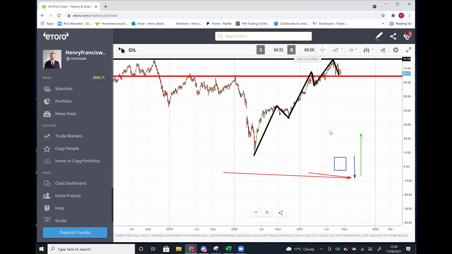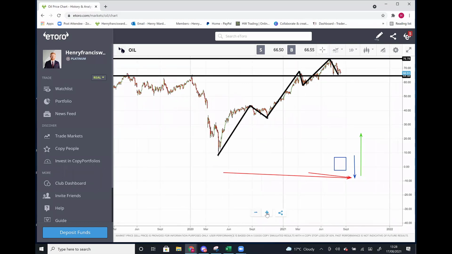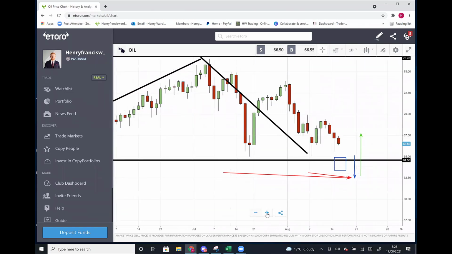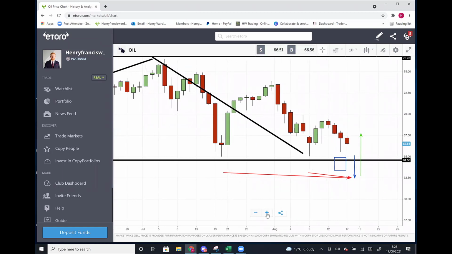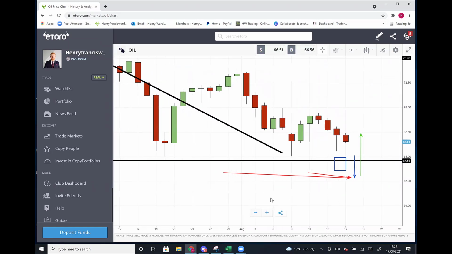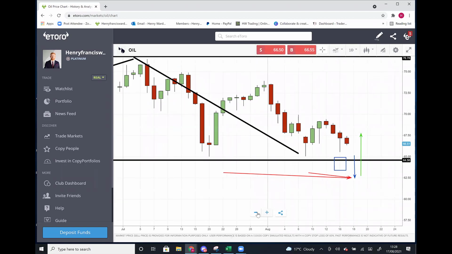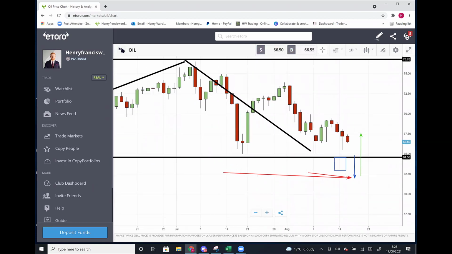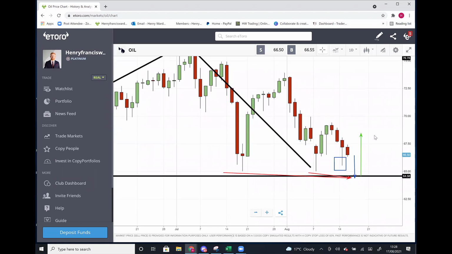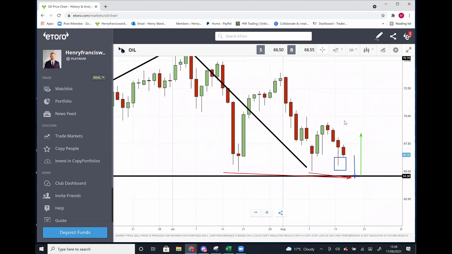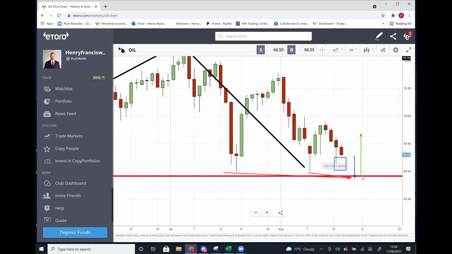So this one here is not stop loss hunting. Why? Because it's come back to this level. This is the level that we've worked out historically. So this is not stop loss hunting.